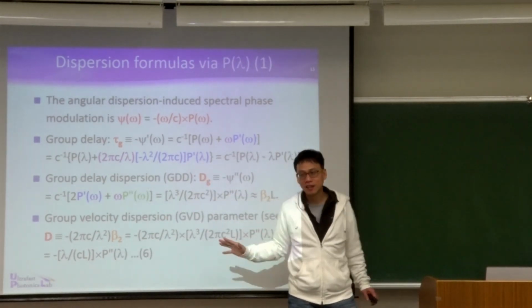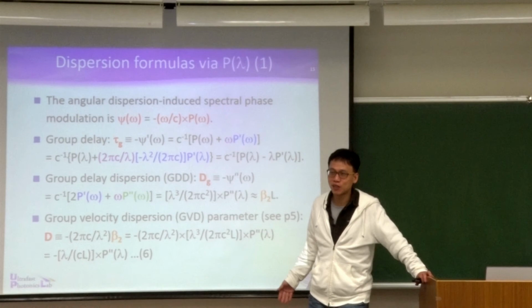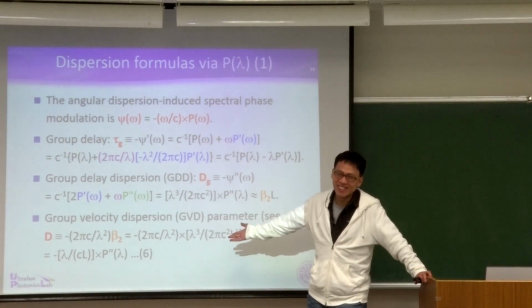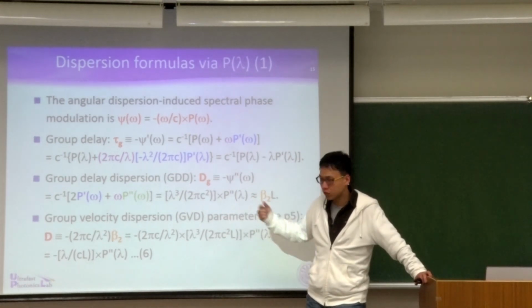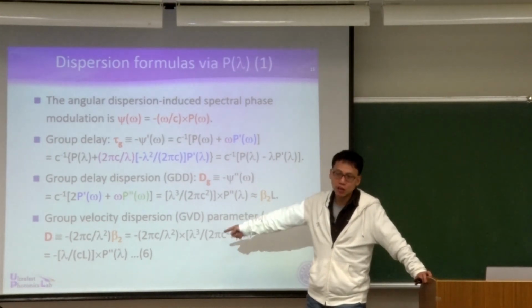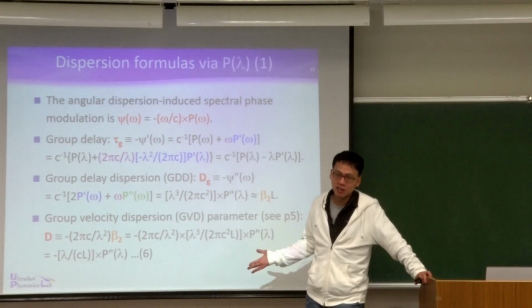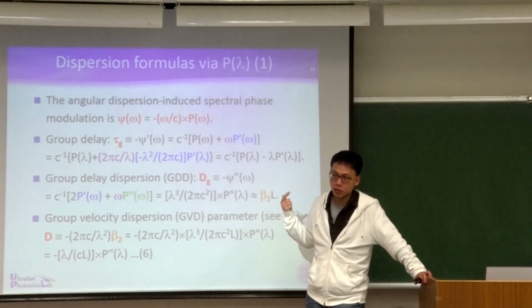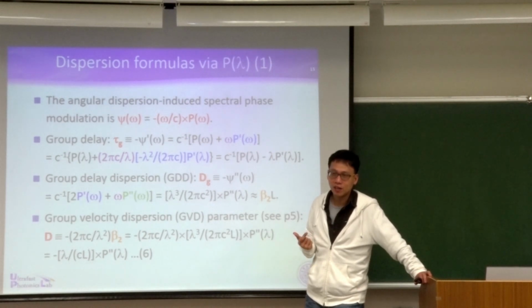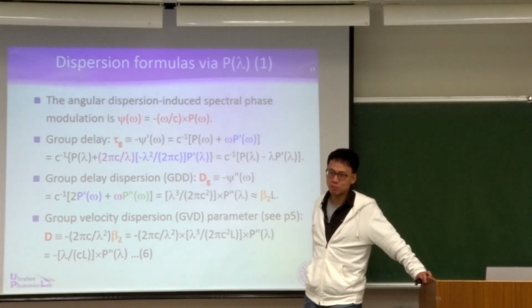I did not calculate what P double prime of lambda is yet. I just leave it there. But in the future, if you can calculate P double prime of lambda, you can know the formula for the GVD parameter big D in the presence of material and angular dispersion. We will see that example shortly.